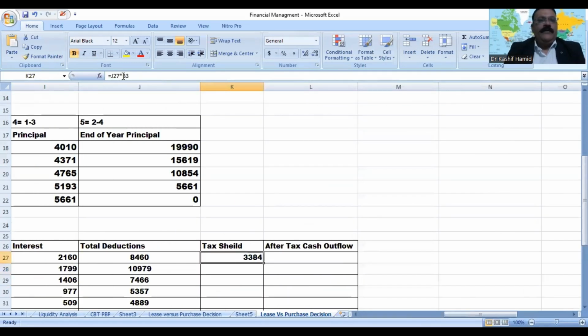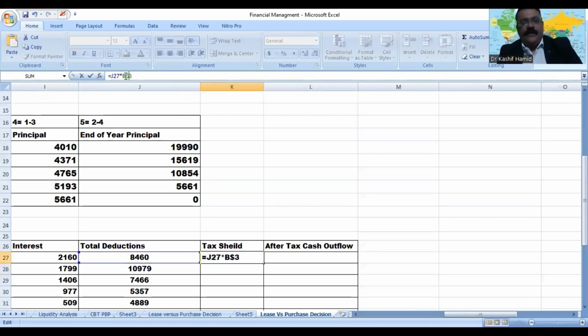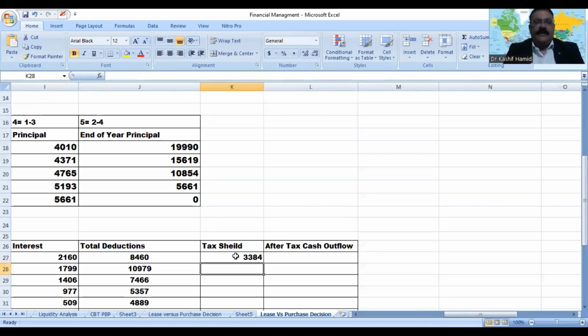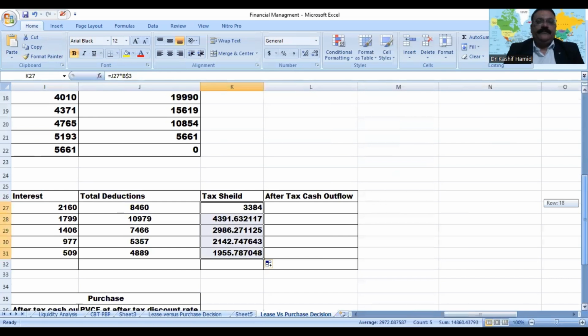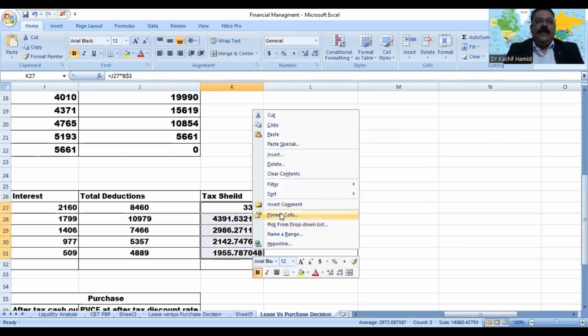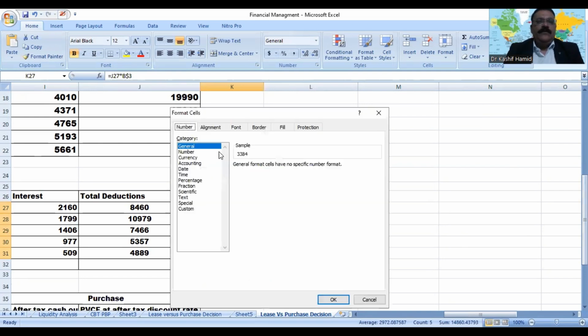And we will fix the tax rate, and we will drag these values.